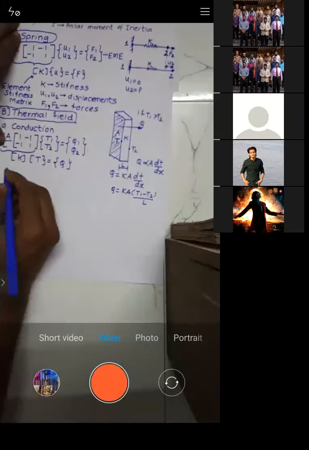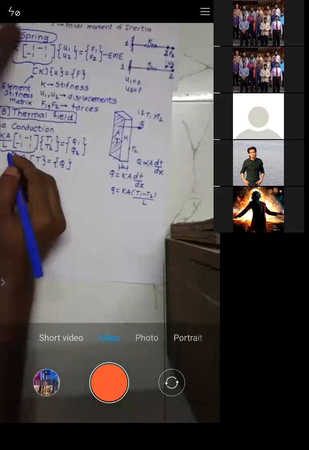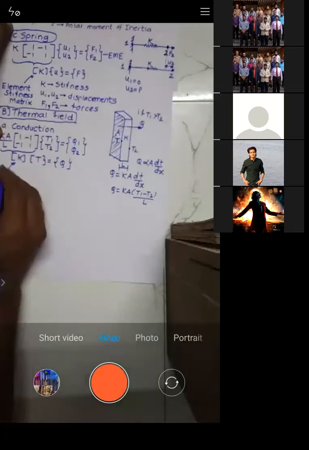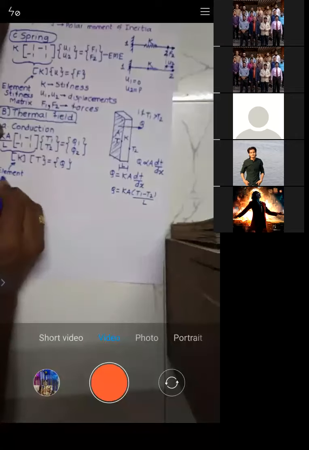This matrix K is called the element stiffness matrix.